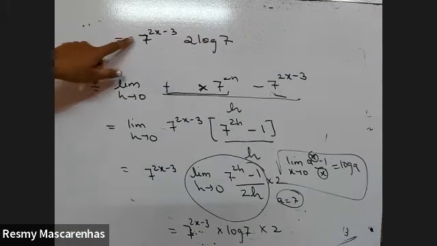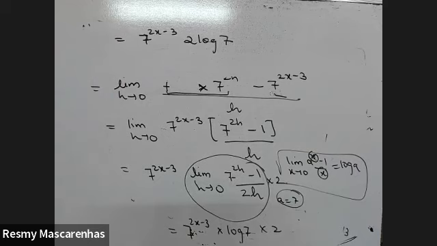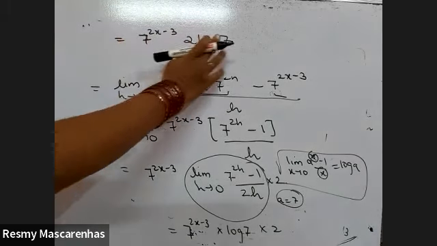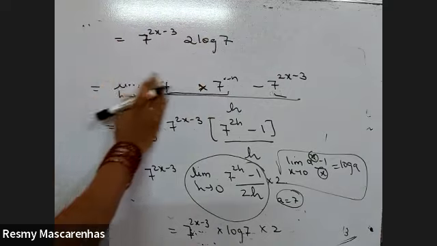You can write it here also. 2 into that, this is the answer. Exactly the same thing works for e. If this was e, no? This will be e and this will be e. Only log e you have to put as 1.